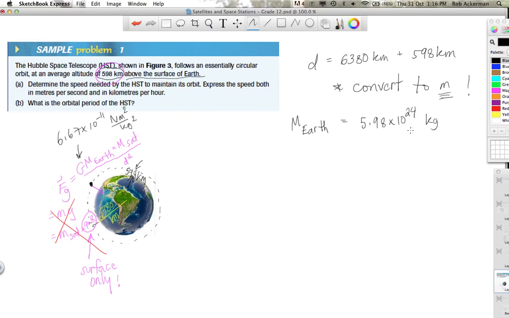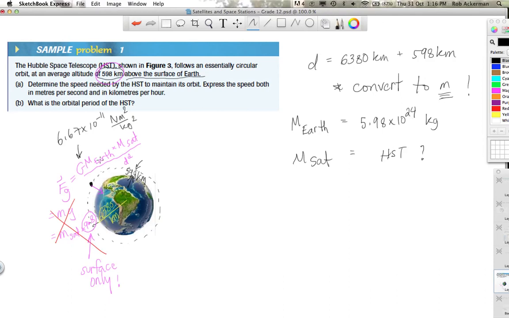This number is easily found. But what about the mass of the satellite? There are many different kinds of satellite. Do we have to go and look up the mass of the Hubble Space Telescope? I guess you could do that. I'm sure you could find it quite easily. But as you're going to see, we don't even need to know this number, and here's why.